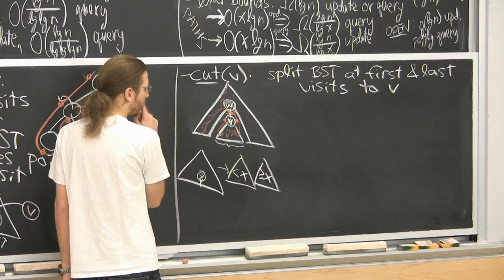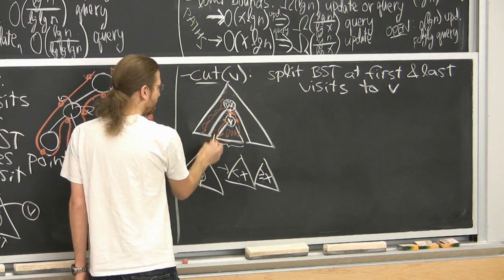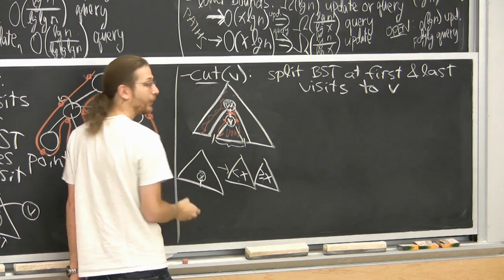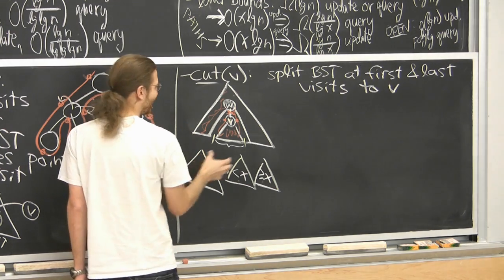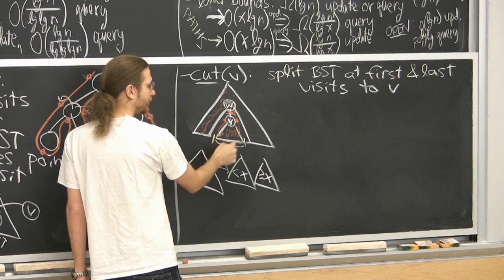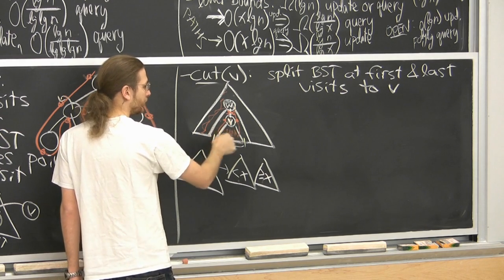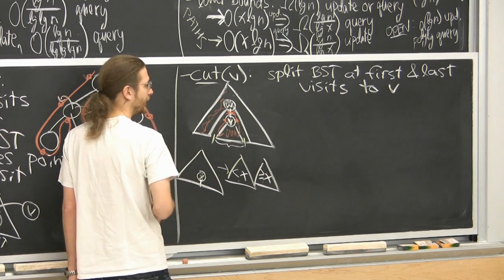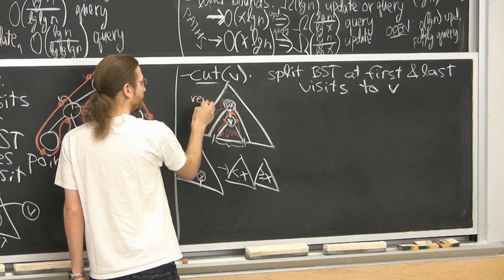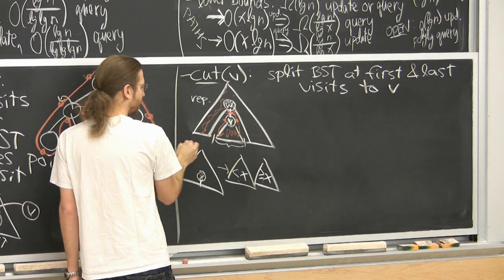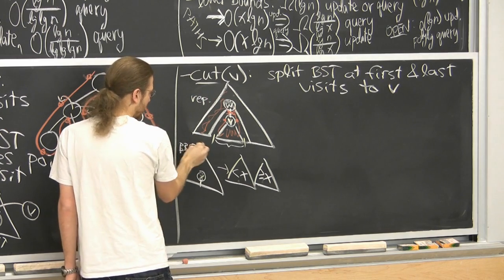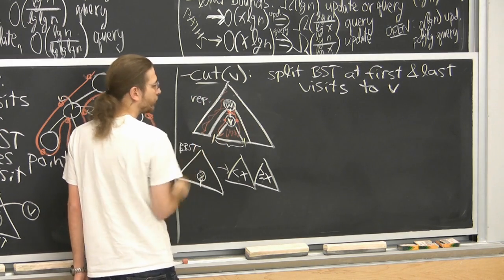Okay, this is obviously not quite enough, because what we've done is basically cut here and cut here. Now we have three trees. We have the one we want for v, v's subtree. That will correspond to the Euler tour of exactly that thing. So this is the represented tree I'm talking about, and this is the balanced binary search tree. But the rest of the tree is in two parts.